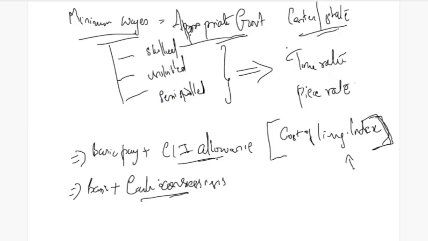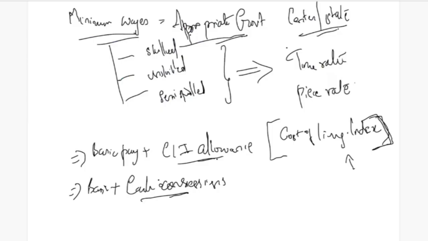They will be given a discount. The essential products, you can buy at a discount rate. So the cash value of the concessions that are given, the percentage of discount, if you convert it to cash value, you will get the minimum wages. So basic pay plus cash value of food concession, or basic pay plus cost of living allowance.